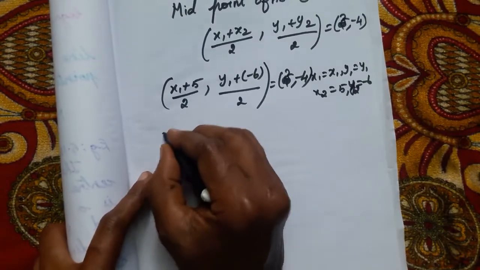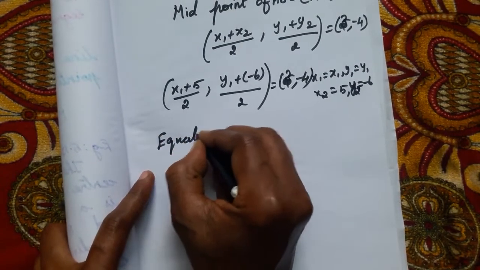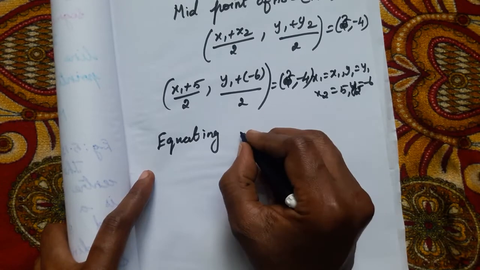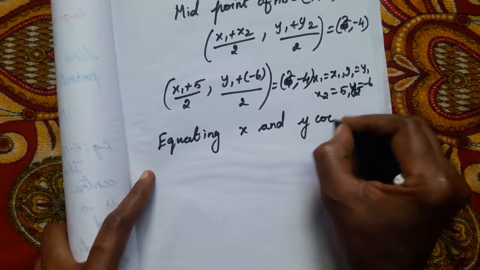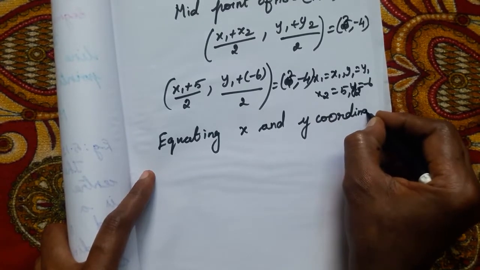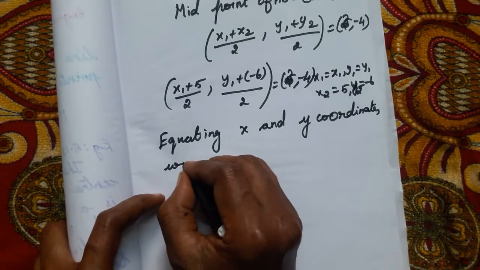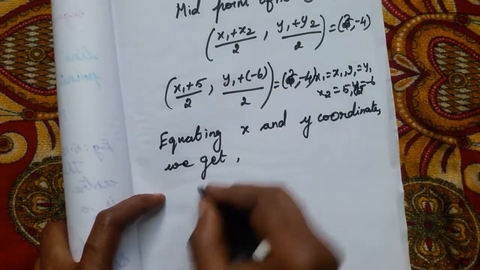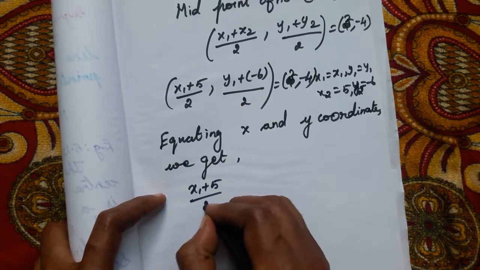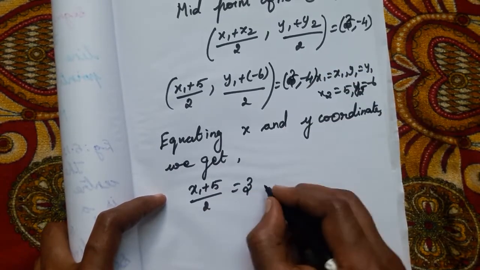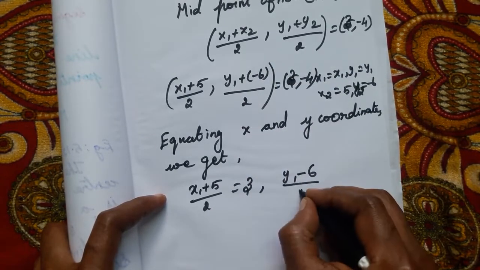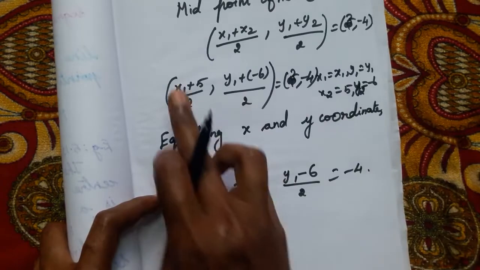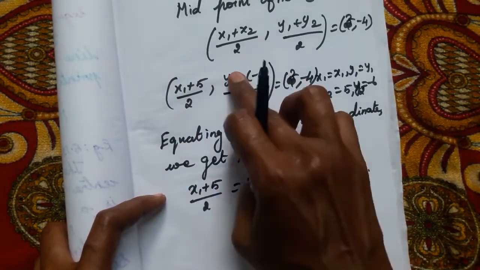Next, equating the x and y coordinates, we get (x1 plus 5) by 2 is equal to 3, and (y1 plus minus 6) by 2 is equal to minus 4. That is, (x1 plus 5) by 2 is equal to 3, and (y1 minus 6) by 2 is equal to minus 4.